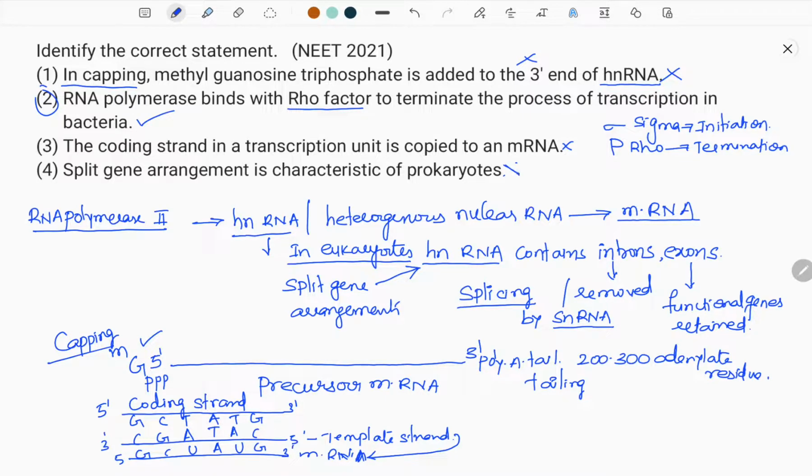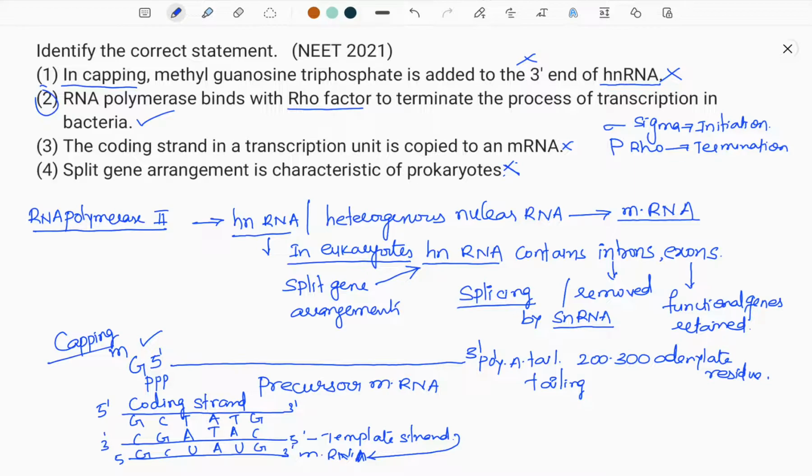This is really a very beautiful question framed here. Simple statements are given, and one can understand them very easily. But you should have the basic knowledge of what is RNA polymerase 1, RNA polymerase 2, RNA polymerase 3, what is the template strand, what is the coding strand, how the messenger RNA and hnRNA are formed, what is capping, what is tailing, what is splicing, what is snRNA.